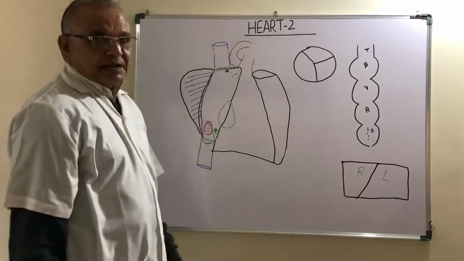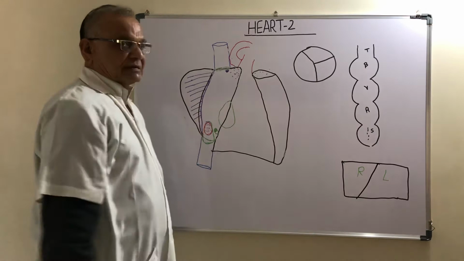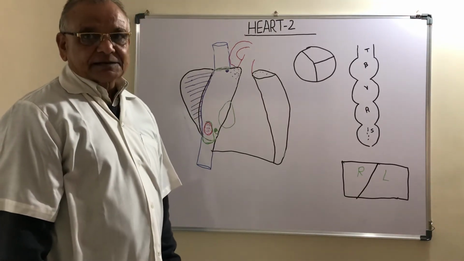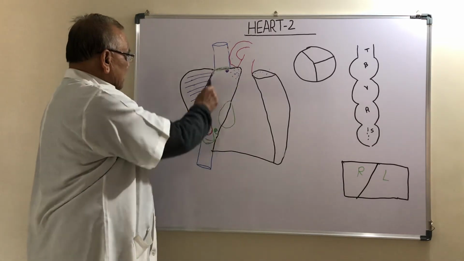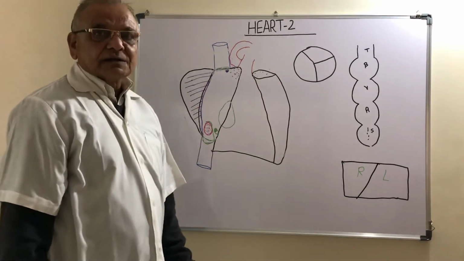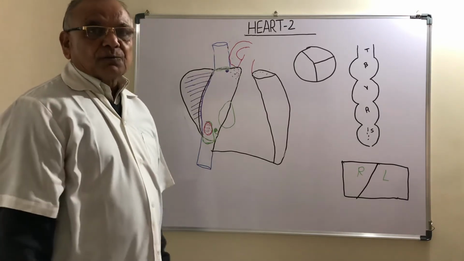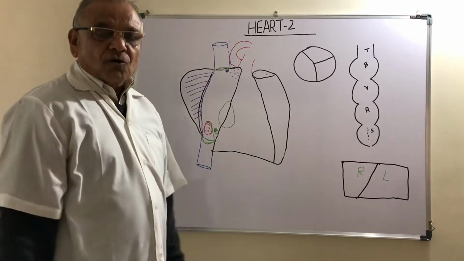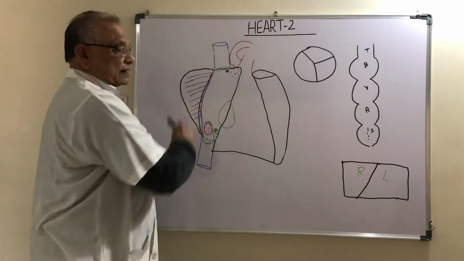Now first we will see the anterior part. In the anterior part, the muscular ridges are there, and these muscular ridges are called musculi pectinati. The crista terminalis and musculi pectinati together resemble a comb, and the Latin word for comb is pecten, and that is why this part is called the pectinate part.